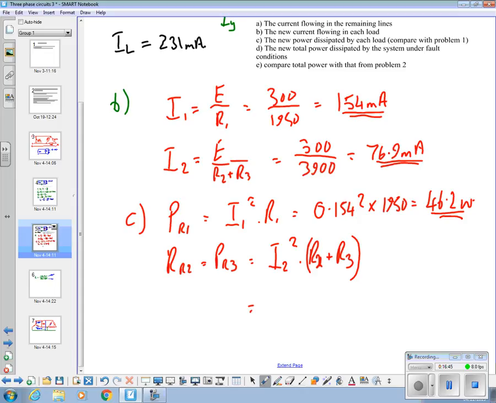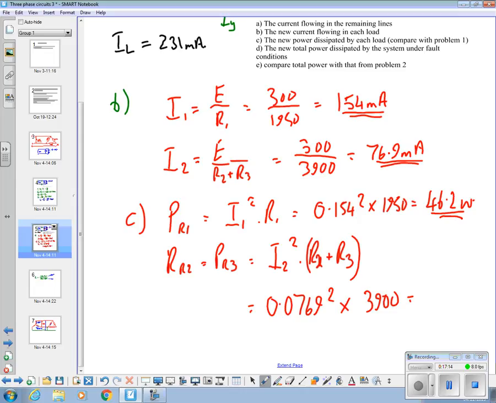That is 0.0769 squared times 3,900. That isn't what I get, unless I push the buttons wrong.